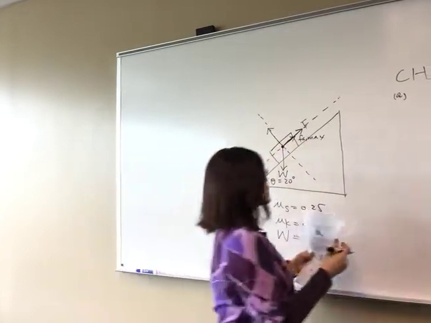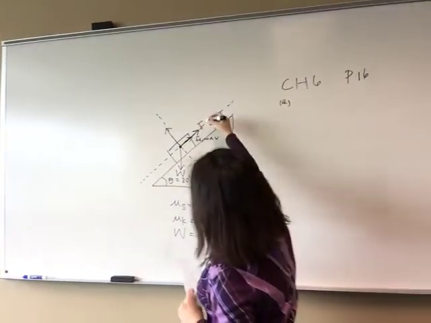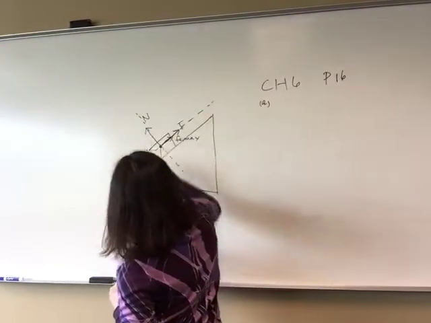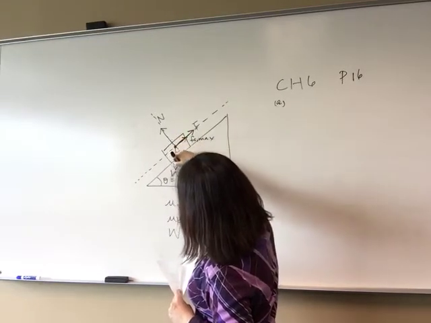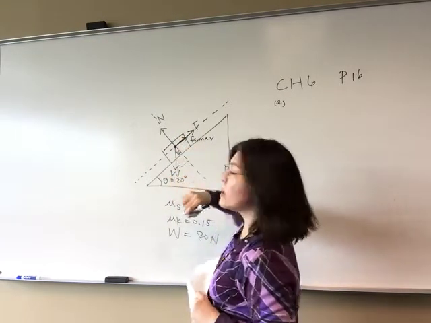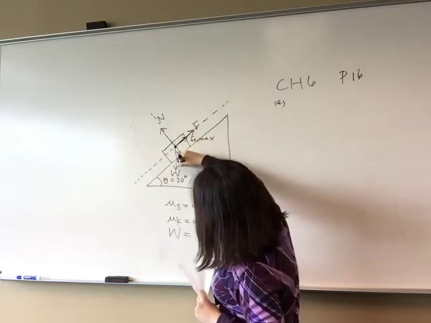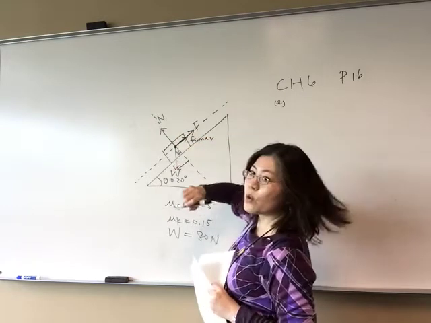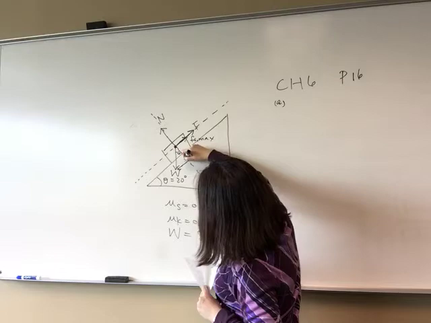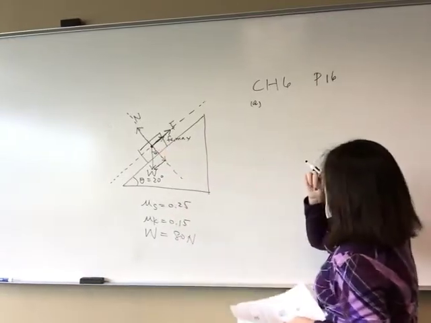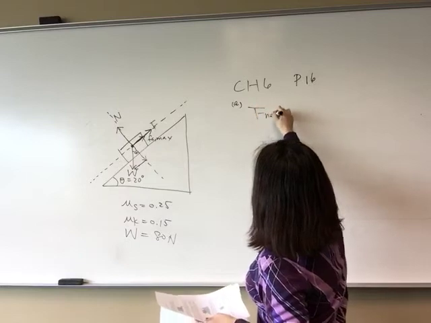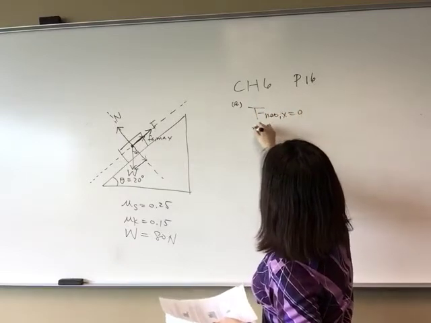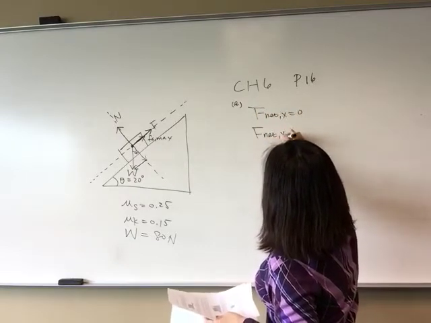Okay, so how do we set the equation? So you have the normal force here, you have the weight, this is angle theta, so which means that this angle is theta. So the weight will have two components along the new axes. So you have the downward x component, you also have the downward y component. The net force along x has to be 0. Along y, it also has to be 0.